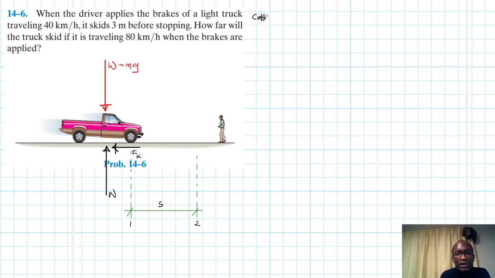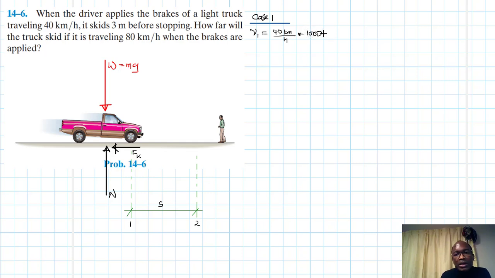Let's say this is case 1. In this case, let's say we have V1 equal to 40 kilometers per hour. Let's convert this to meters per second.